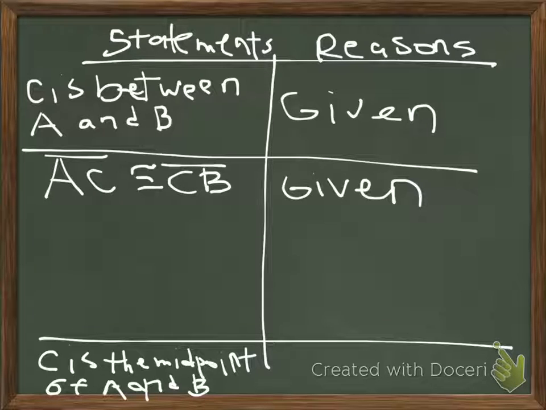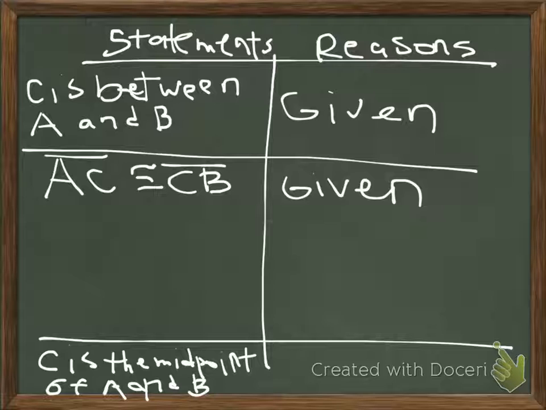Okay, so basically think of if C is between points A and B, then by definition, A, B, and C are going to be collinear. So we can say that AC plus CB equals the total, AB. Okay, so that would help us prove.